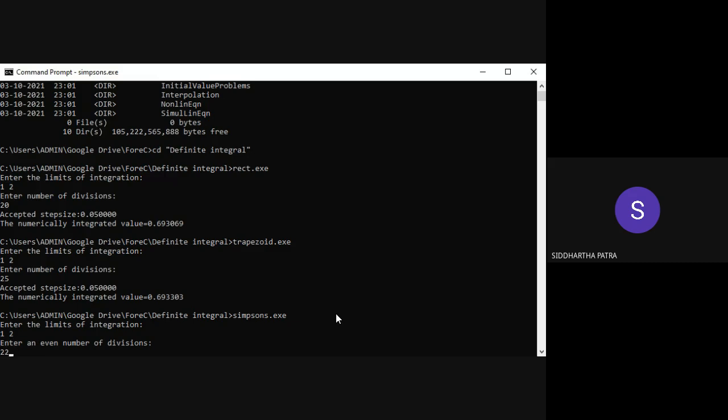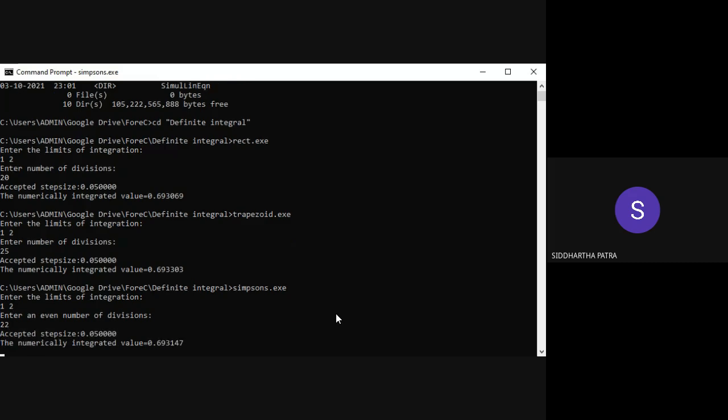Does it take 22? No, it takes 20 and gives you the value accurate up to 6 decimals. So you had only mentioned up to 6 decimals, and it seems it is giving us the accurate value. Okay. So that's all I had to share.